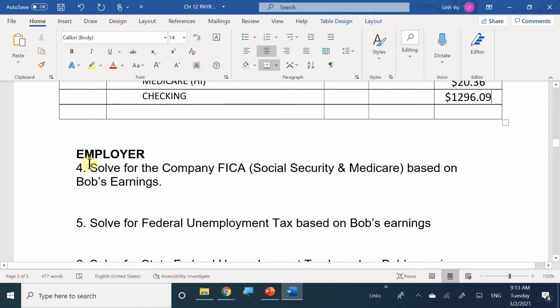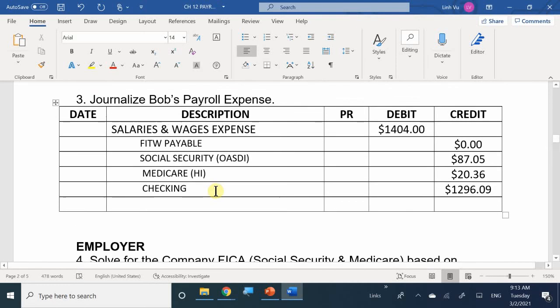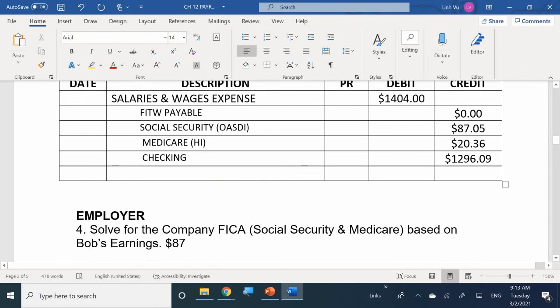So again, solve for the company FICA, Social Security and Medicare. We know for a fact Social Security was 87.05, and Medicare was $20.36.